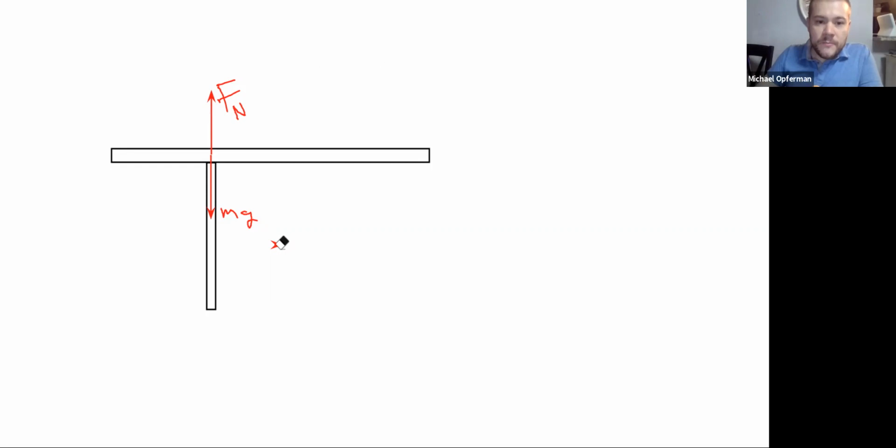Static equilibrium is then going to tell me, number one, F equals ma equals 0. Which tells me in this case, the normal force minus mg equals 0. So the normal force is equal to mg.